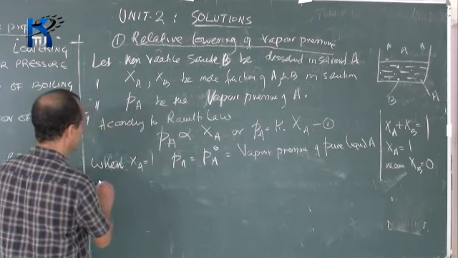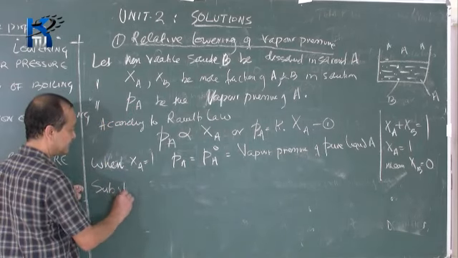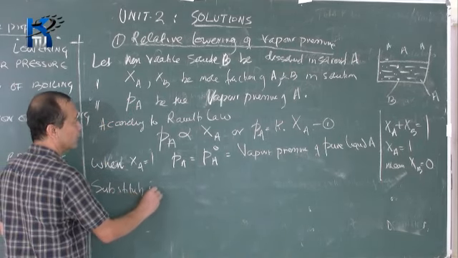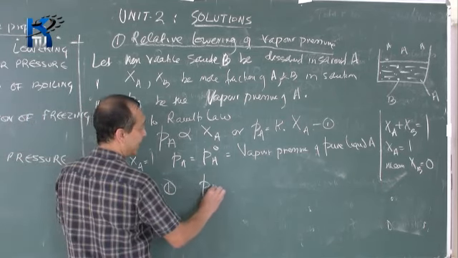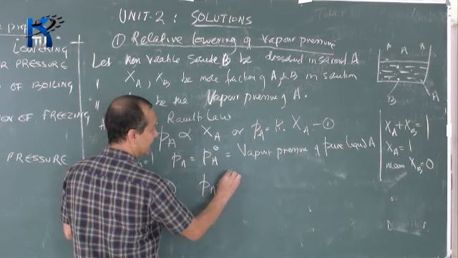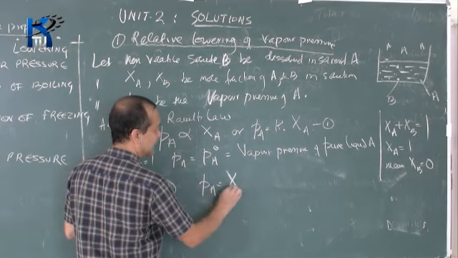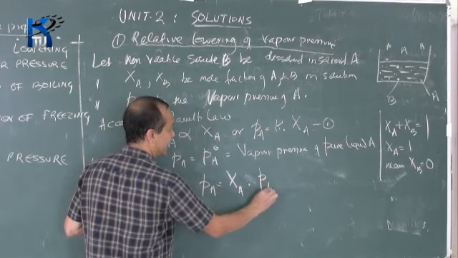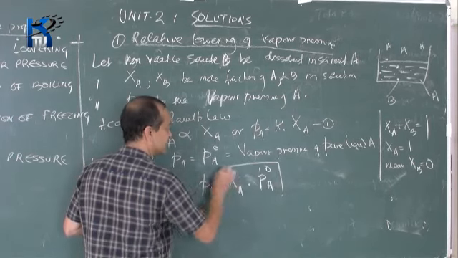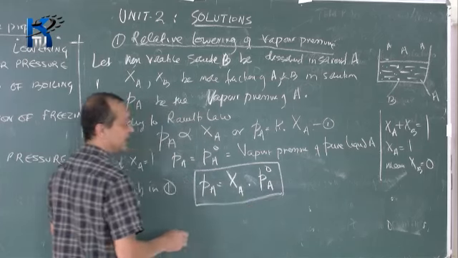So therefore, substituting in equation 1, what do we get? We get PA is equal to XA into PA naught. This is the expression we get so far.